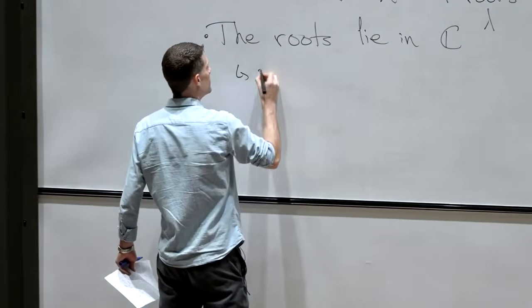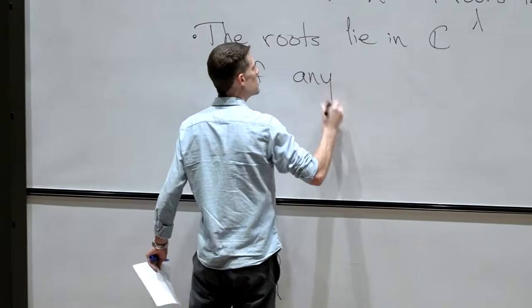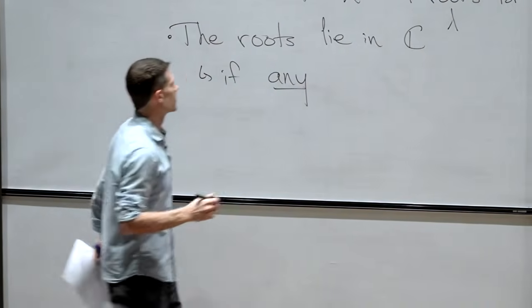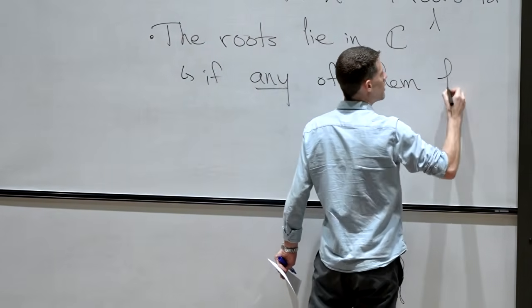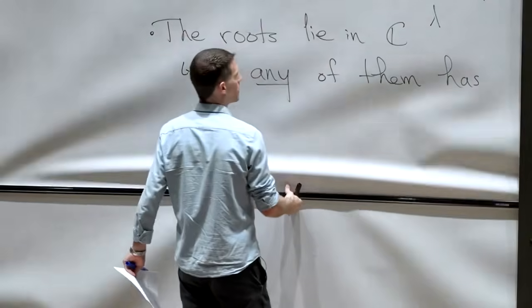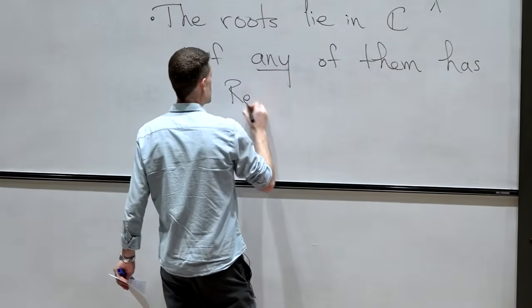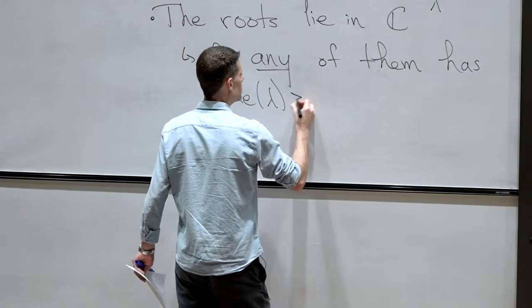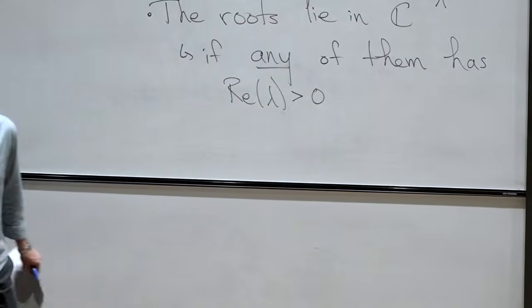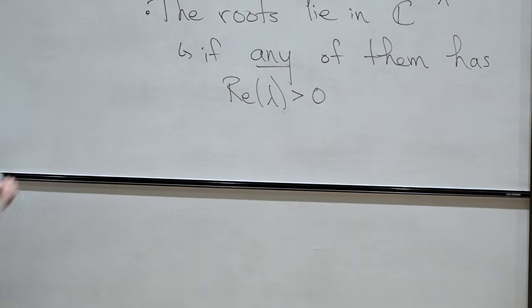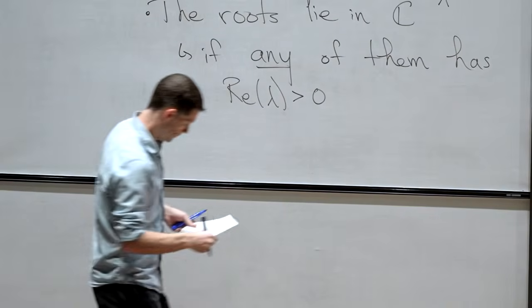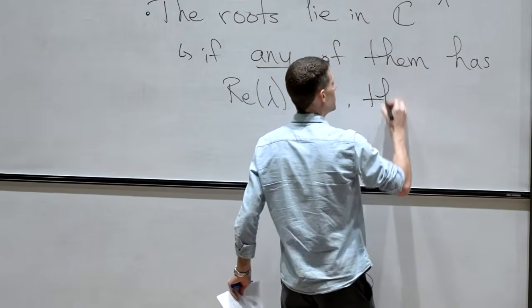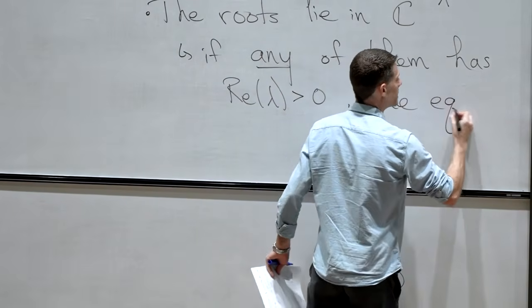And if any of them has positive real part, then when I put that back in my exponential, that's unstable, right? The equilibrium point.